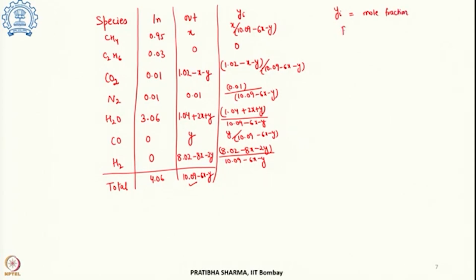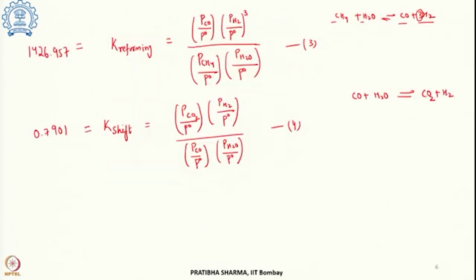Now, we know the relationship: partial pressure is equal to mole fraction times the total pressure, and total pressure is given in the problem to be 20 bar. Now, we substitute these individual mole fractions in the equilibrium constant in terms of the partial pressure.